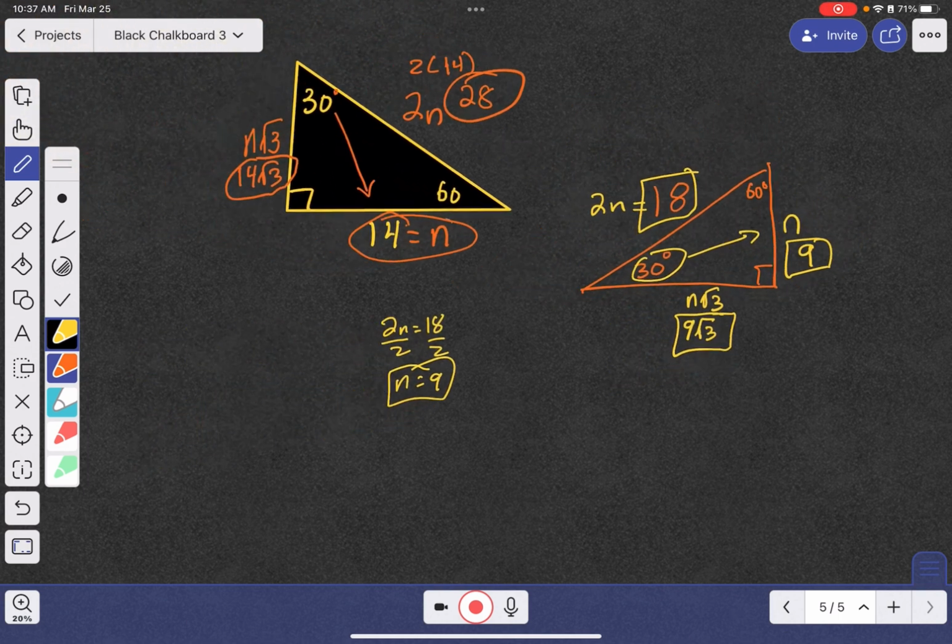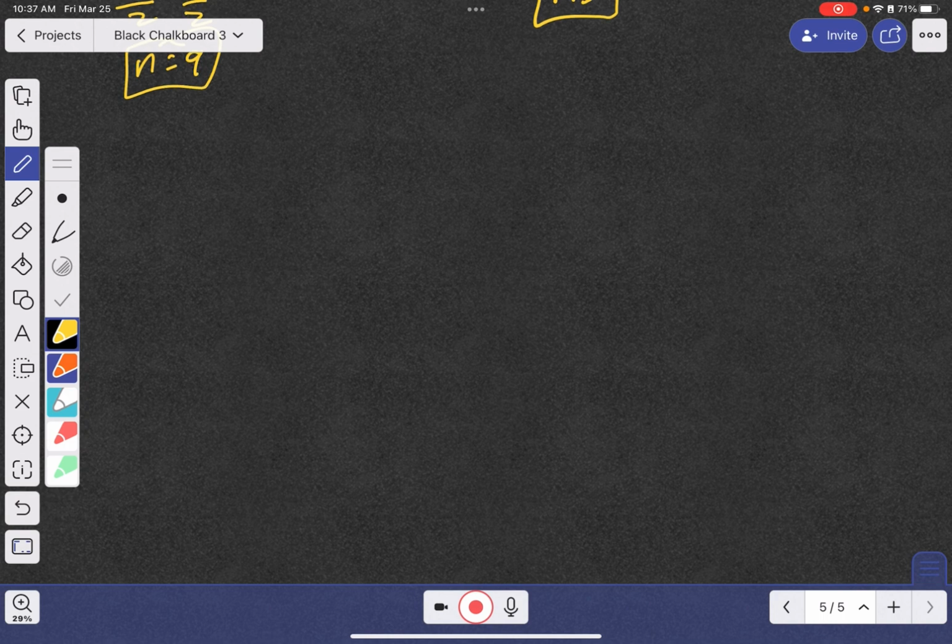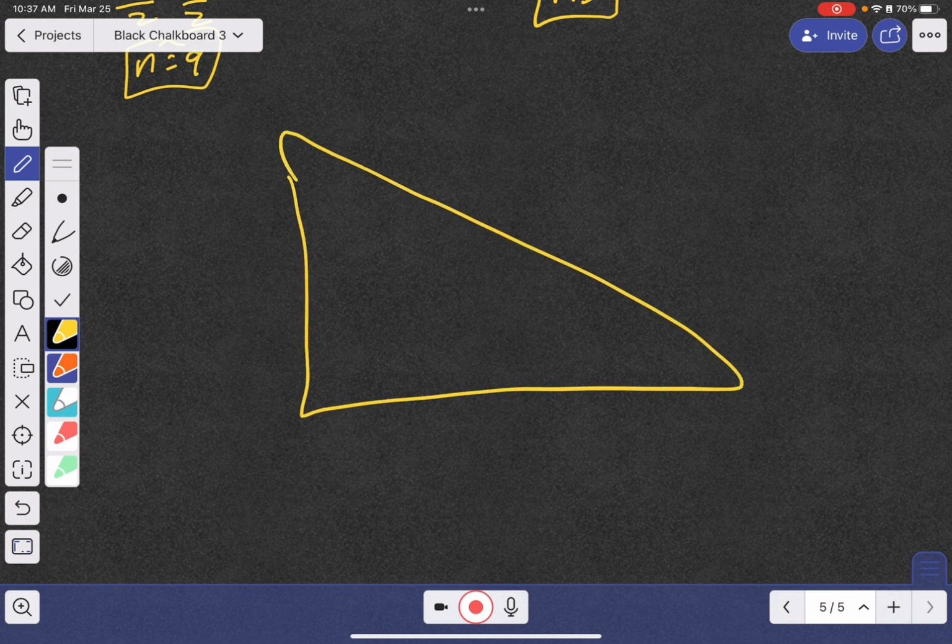So just like the last one, of course, where it becomes its most difficult is if you're given the long leg. So here's my 60, there's my 30, there's my 90. Drawing is not to scale. Let's say that this one is 18.